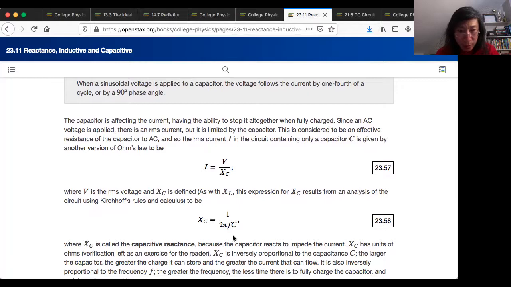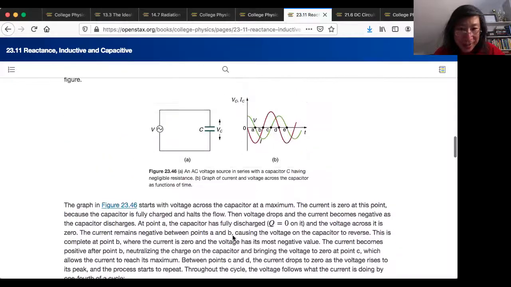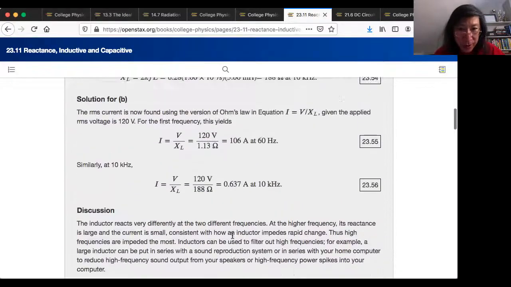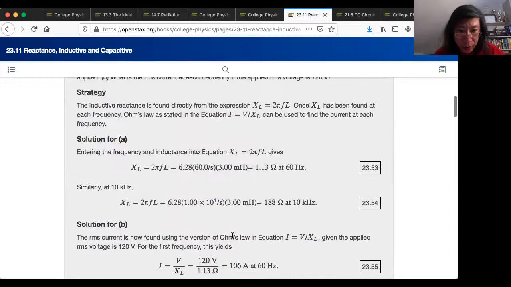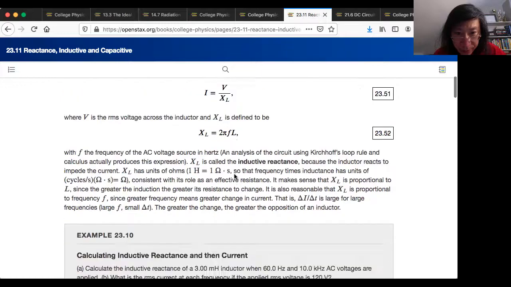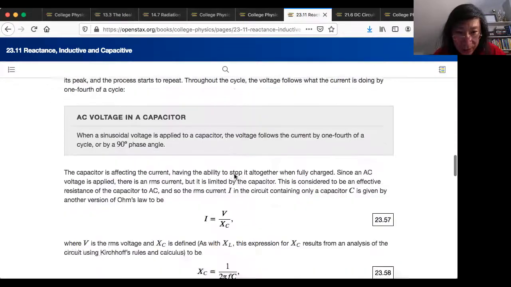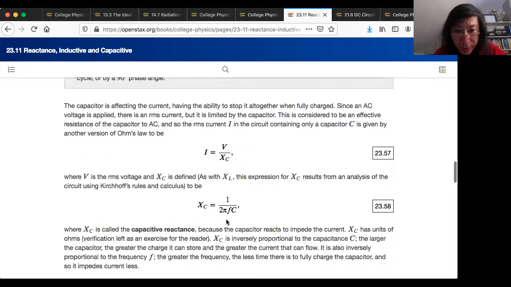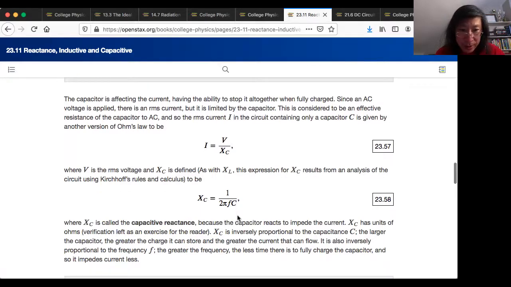And so you do the derivation, and conceptually speaking, you have that beautiful connection, which is kind of exactly reversed. See here, the reactance of an inductor is 2 pi f times L, but the reactance of the capacitor is 1 over 2 pi f, the frequency in hertz, times the capacitance.